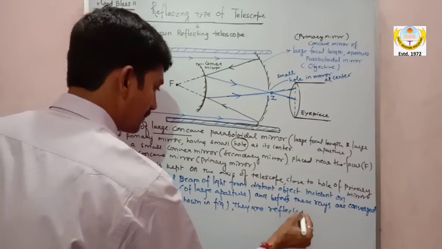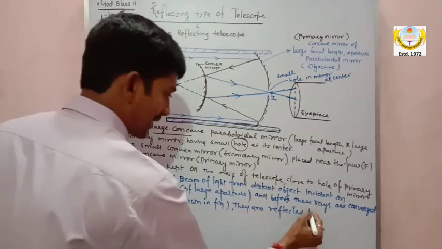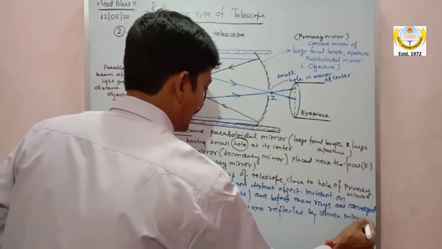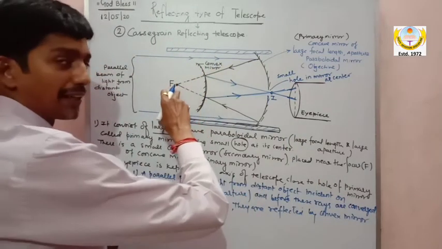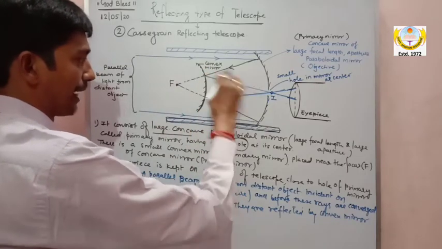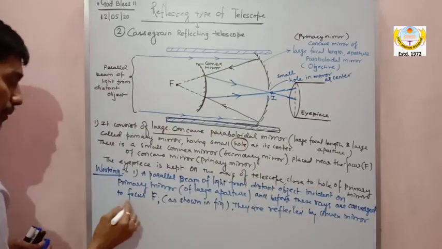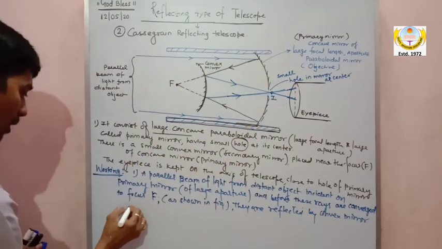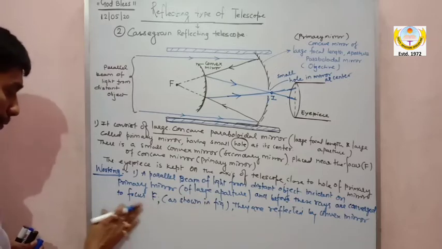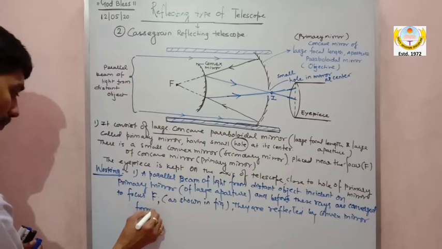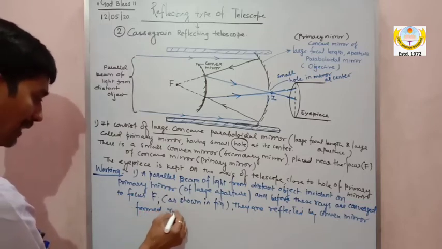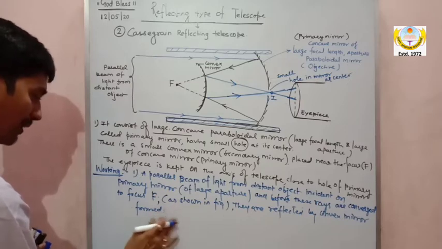they are reflected by the convex mirror, my dear. You can see the diagram carefully. These rays, before they converge to this point, get reflected. Look at the blue colored ring I have drawn. They are reflected by the convex mirror and form a real image, or you can say formed image.